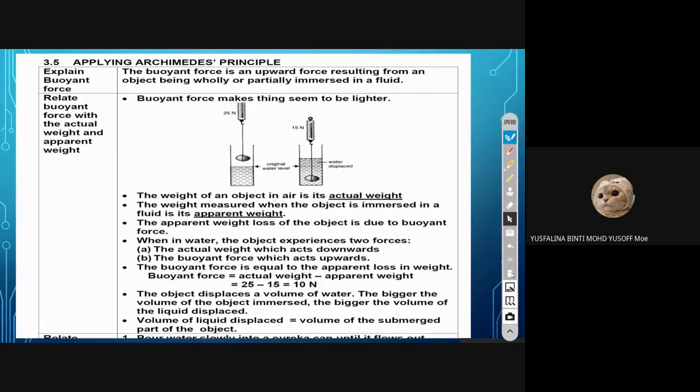Let's say I have a measuring cylinder here, and I put the stone. They say the weight is 25 Newton here, in the air.